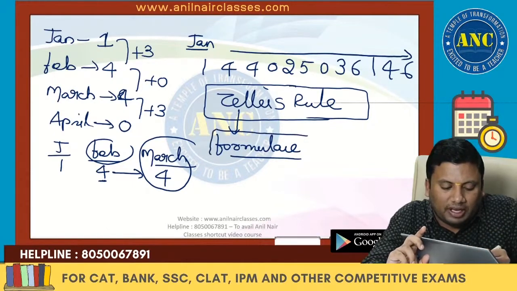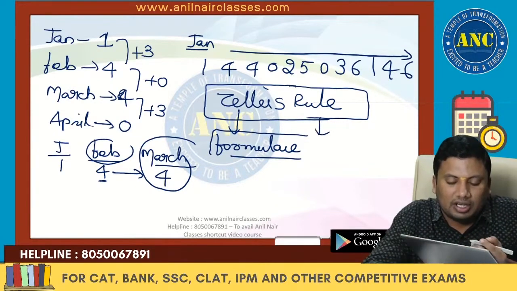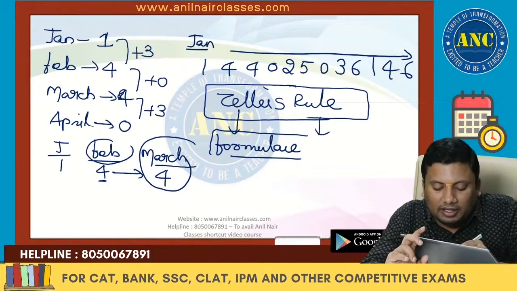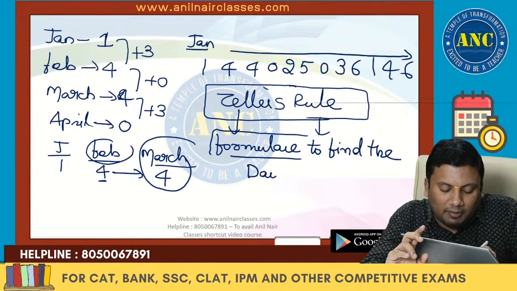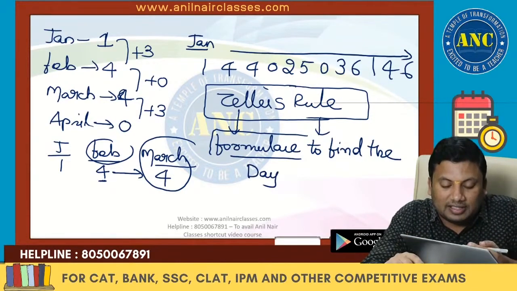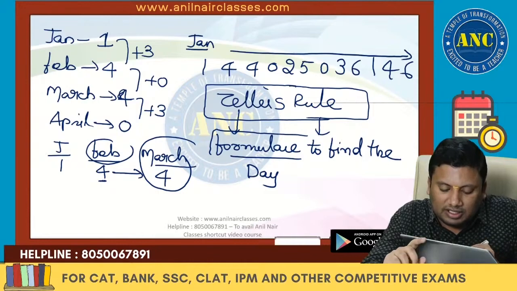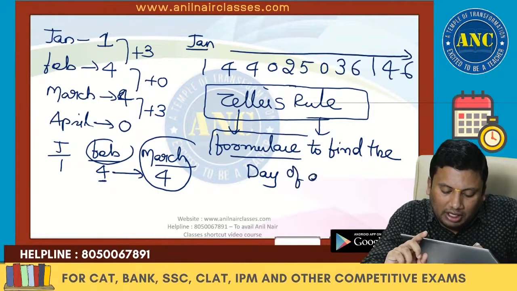If you look at Wikipedia, you will see he got a prize for developing the formula to find the day of a given date. You are just telling that we are remembering. He will feel sad, sir. 18 years of hard work, you are just taking it off. How to find the day of any given date?